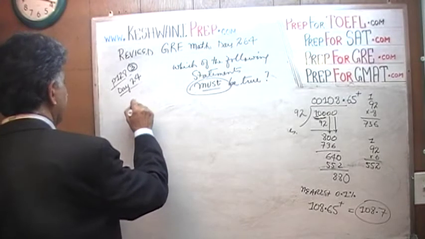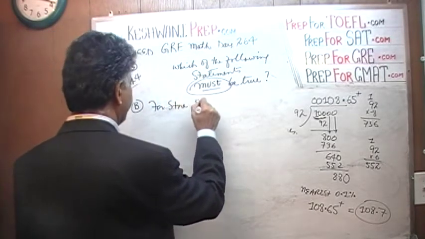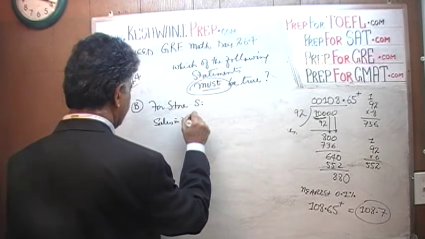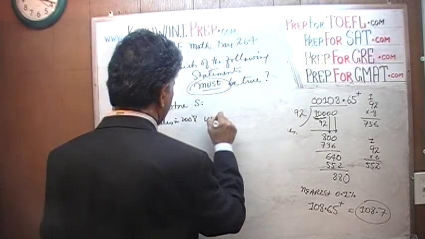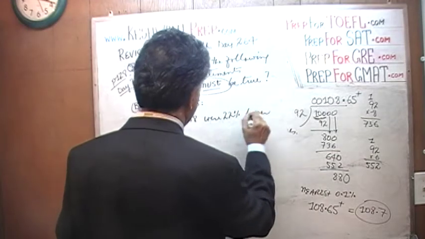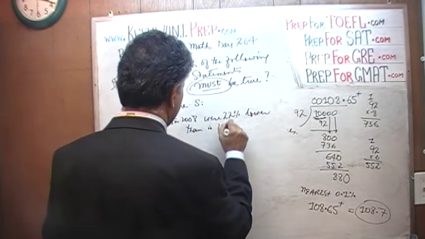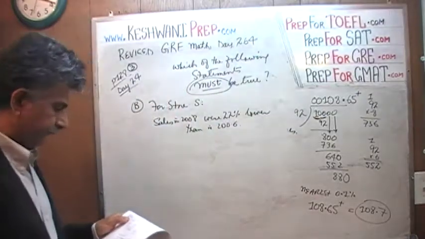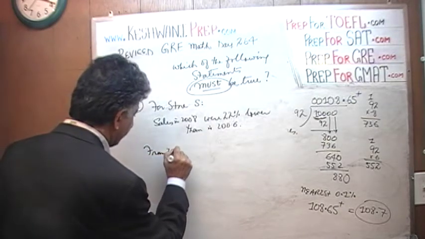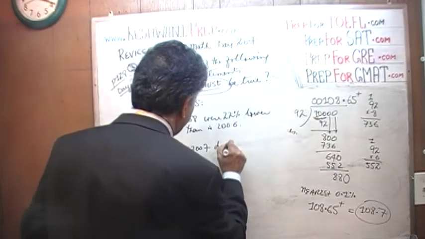In statement B, they tell us that for store S, sales in 2008 were 22% lower than in 2006. Well, what we find is that from 2006 to 2007, we see a drop.